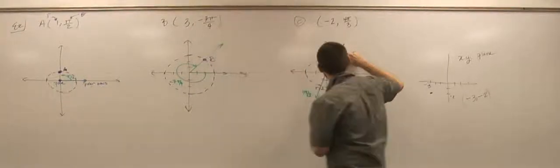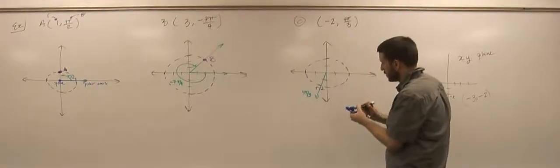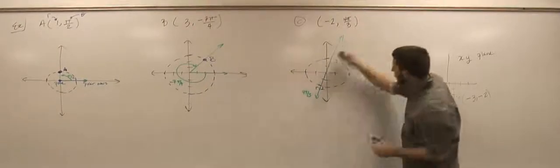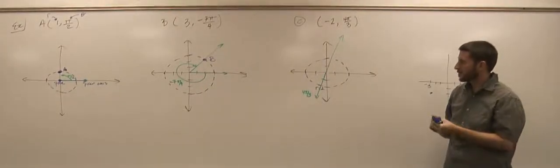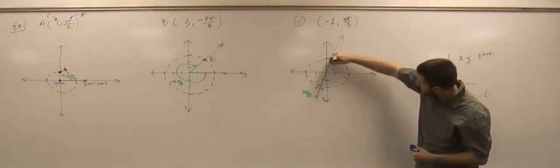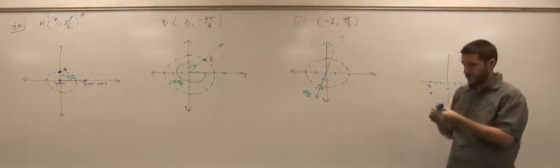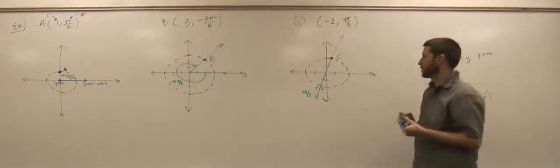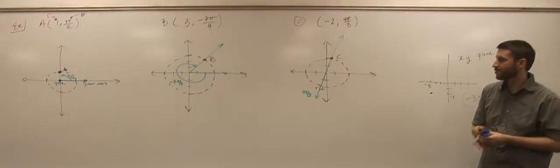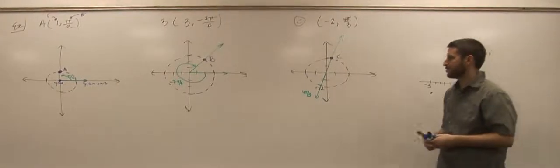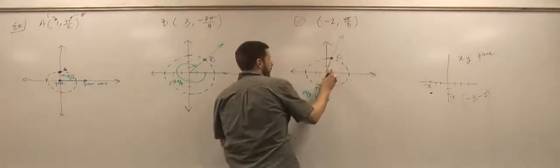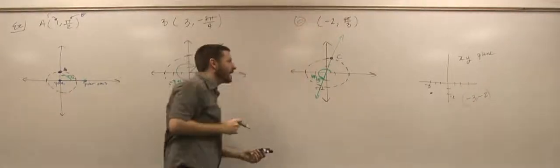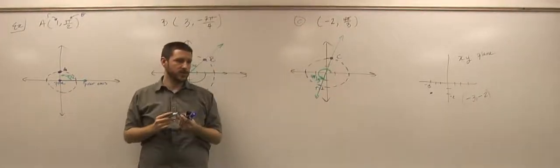What I'm saying is if you go in the exact opposite direction, so make a line here, a straight line with angle pi between the 2 rays, and then go out 2 units in this direction. 1, 2. This will be your point. So 4 pi over 3 brought me to the third quadrant, but the fact that my radius was negative pushed me back on a straight line into the first quadrant.